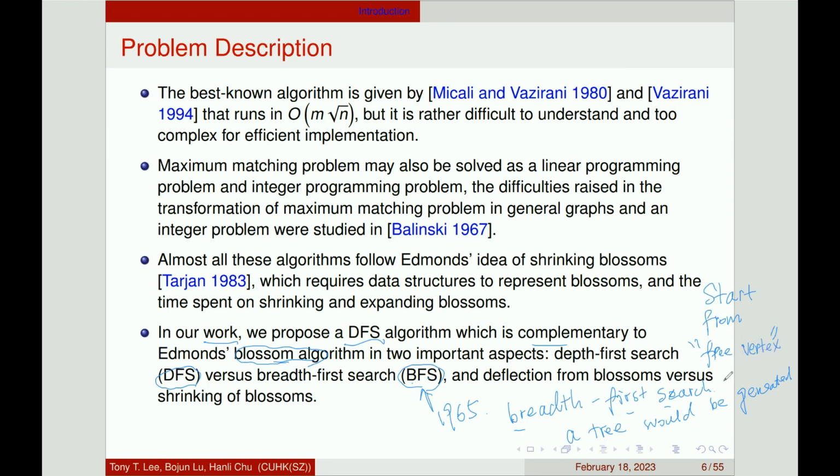We say the node is free, but we want to highlight free with respect to the current matching, okay?